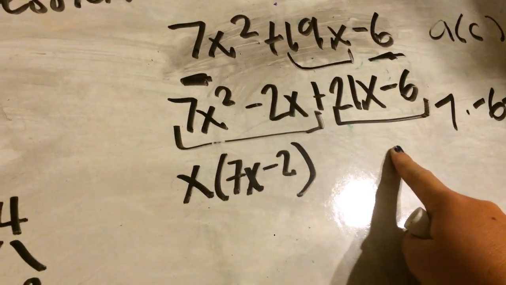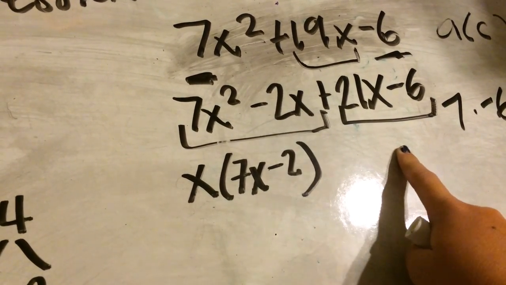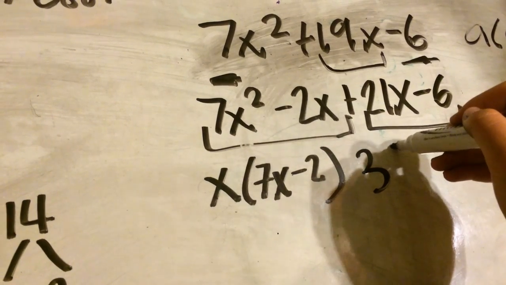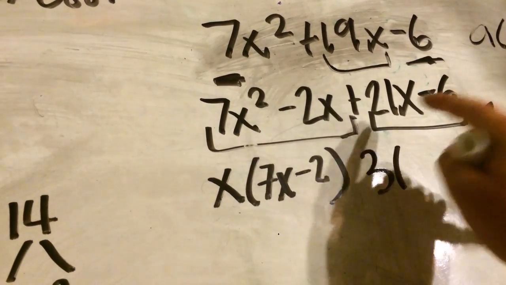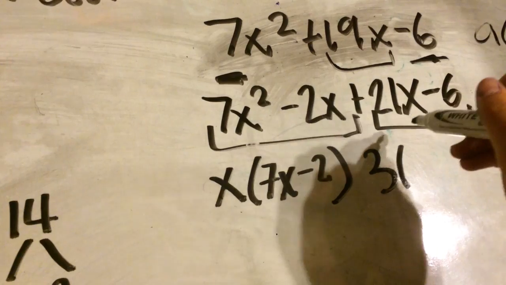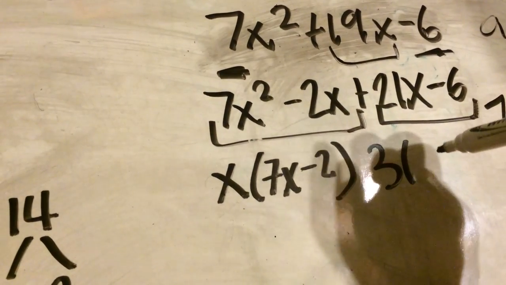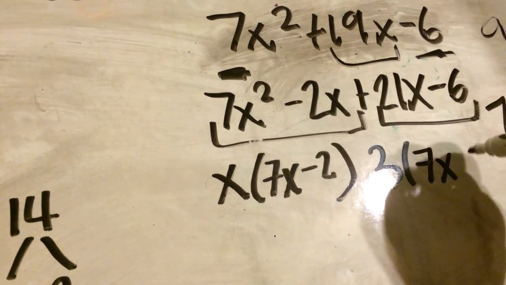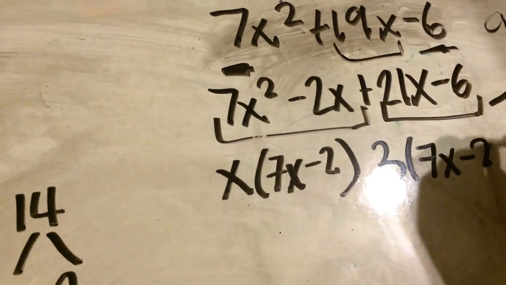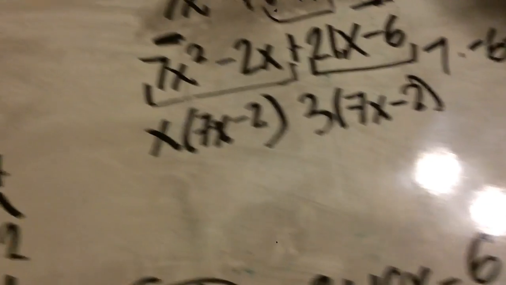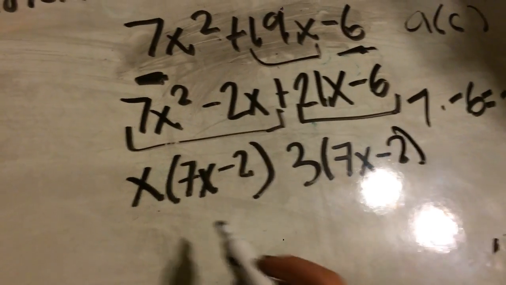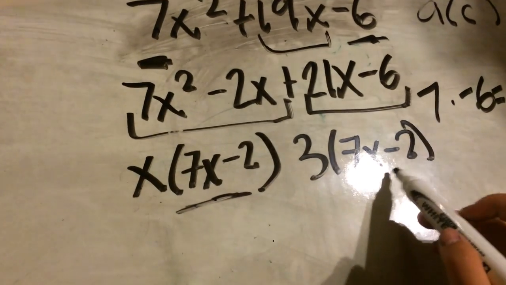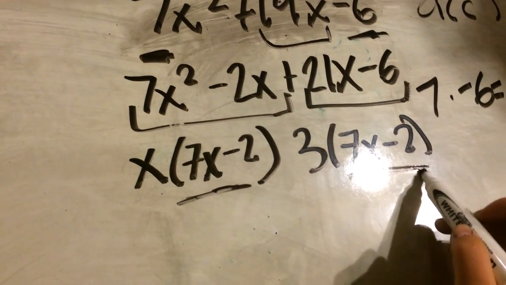From the other piece, I can take out a 3. 21x divided by 3 is 7x, and negative 6 divided by 3 is negative 2. As you can see, these both have something in common, the 7x minus 2.